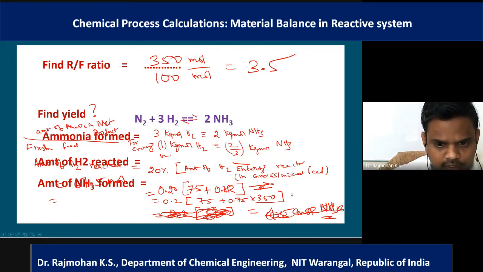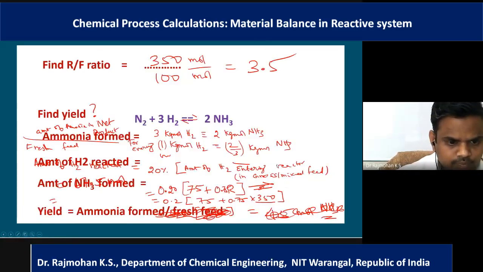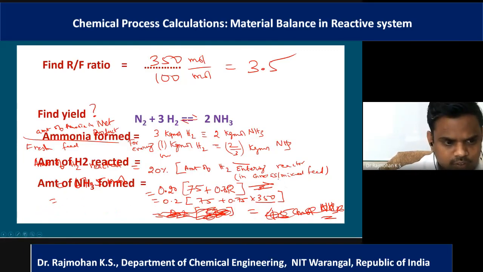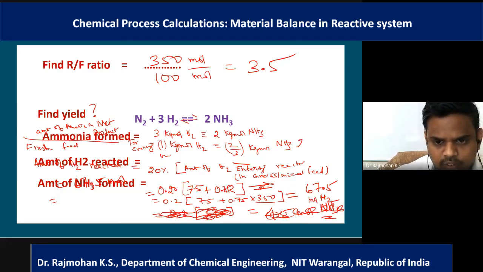Therefore for 67.5 kg mole of hydrogen, we can write from this 1 : 2/3 ratio, hydrogen to ammonia formation ratio.